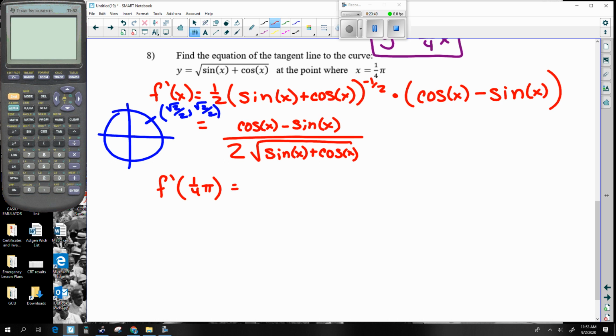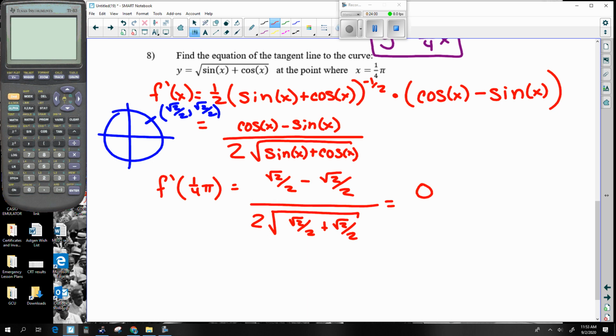So this is going to be square root of 2 over 2 minus square root of 2 over 2 on the numerator, over square root of 2 over 2 plus square root of 2 over 2.